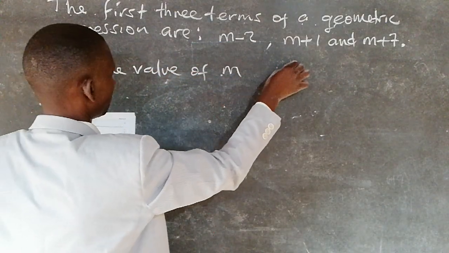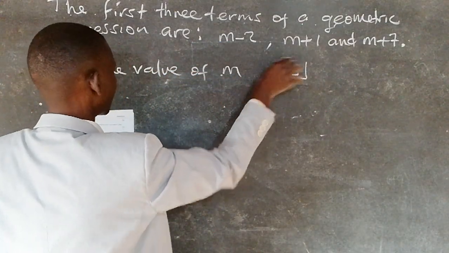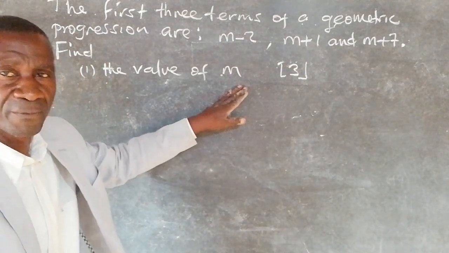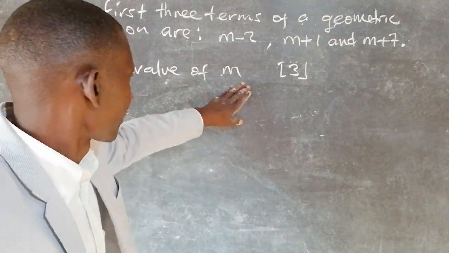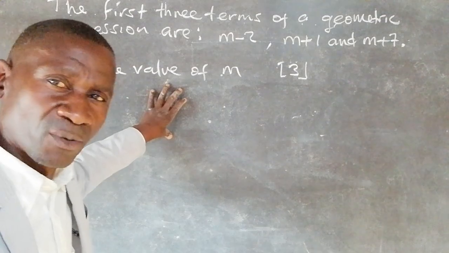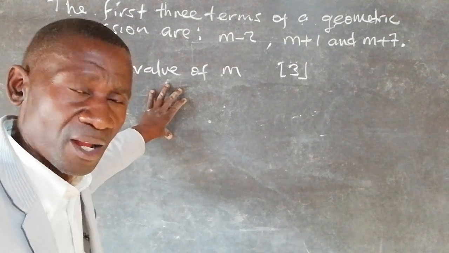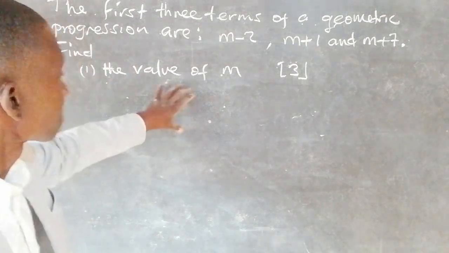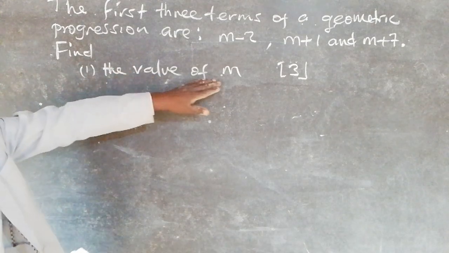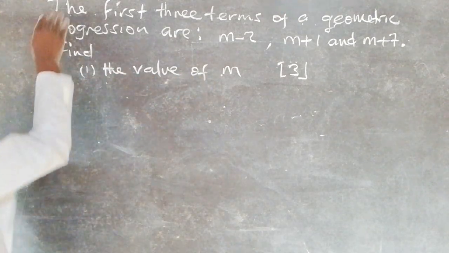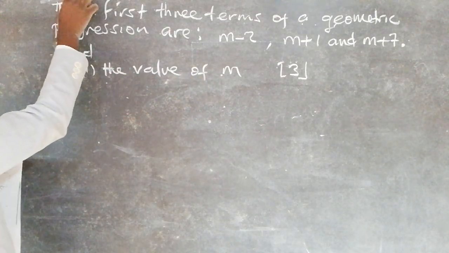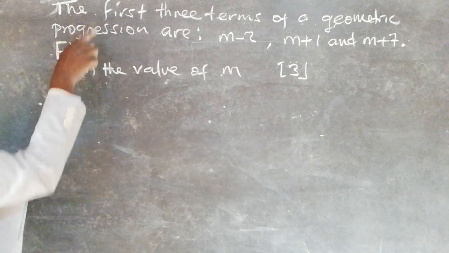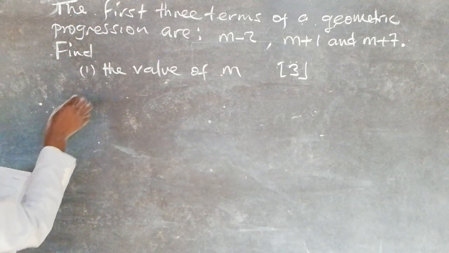How many marks? 3 marks. 3 marks are a lot of marks. So this first question is a key question. Without answering this first question, these further questions cannot be answered. Find the value of m, number 1.